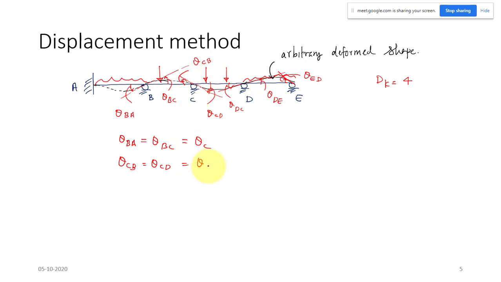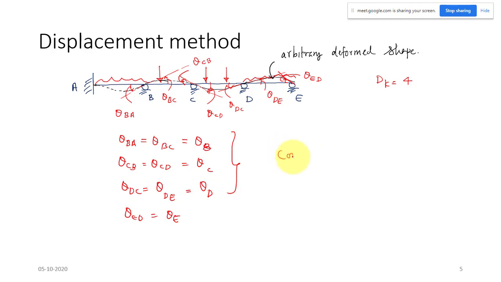I can write theta C, and similarly theta DC will be equal in magnitude to theta DE, so it is equal to theta D. And theta ED, since there is only one member meeting at joint E, is equal to theta E. So these are the compatibility conditions or equations in this case.